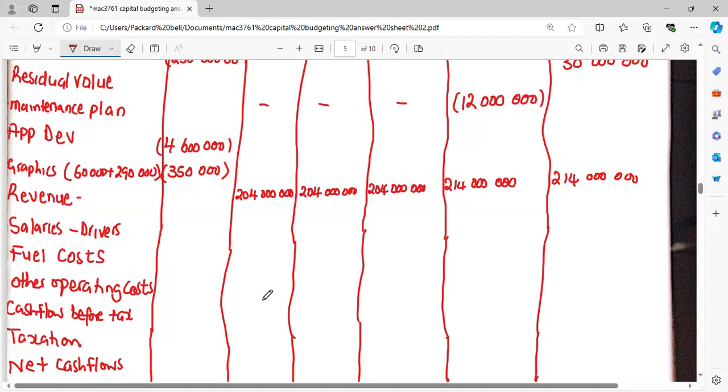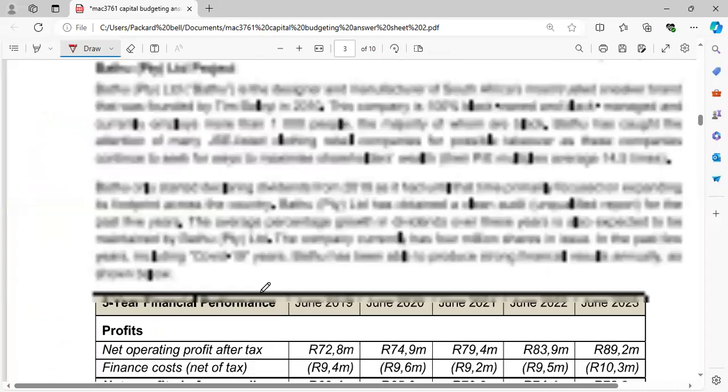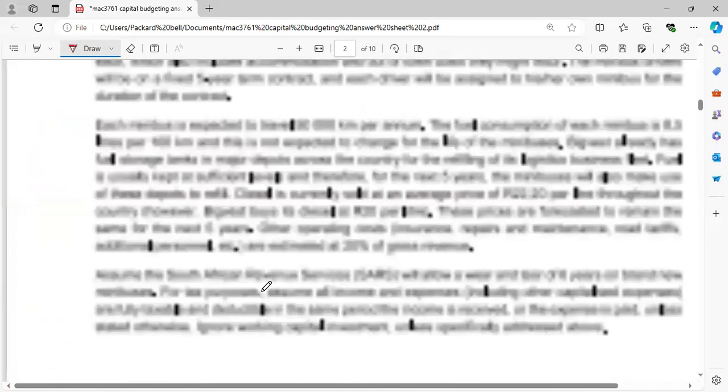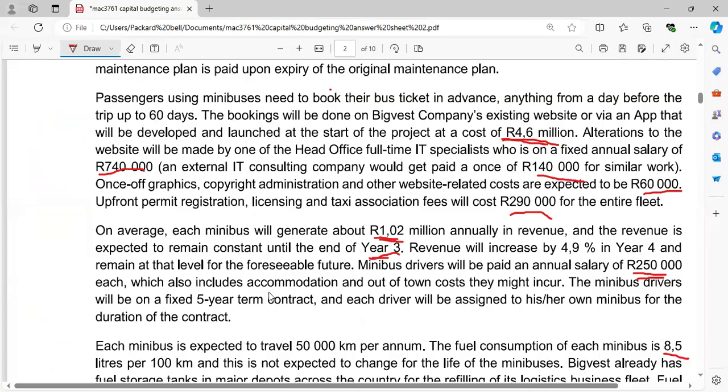So we go to the drivers' salaries. Let's check what happened to the driver's salary. They say minibus drivers will be paid an annual salary of 250,000 each.